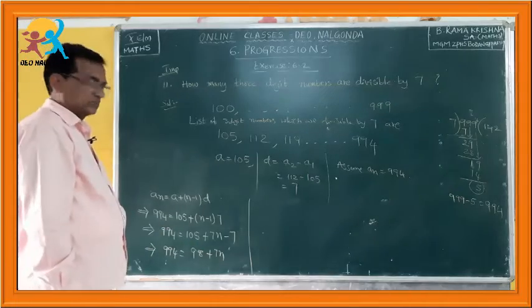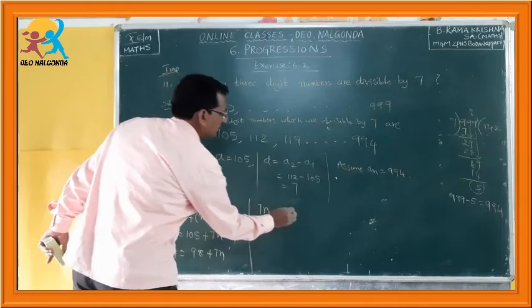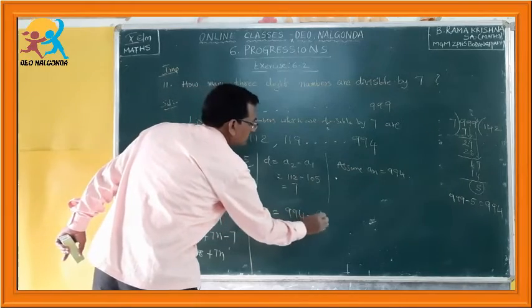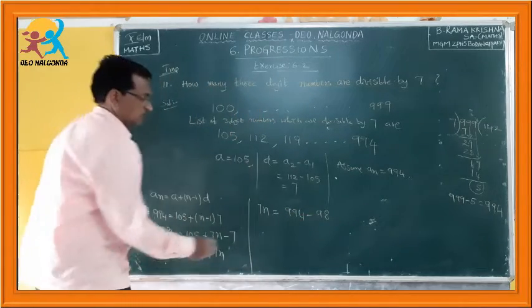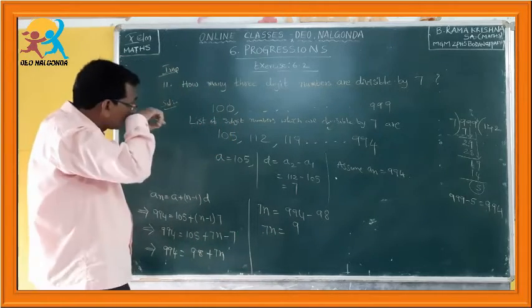Transposing this 98 to this side, 7n is equal to 994 minus 98.